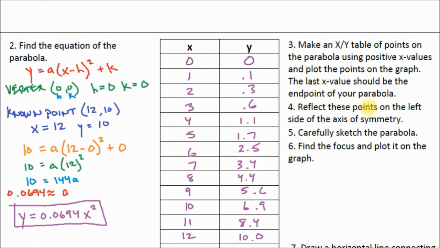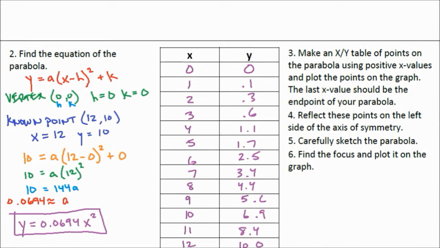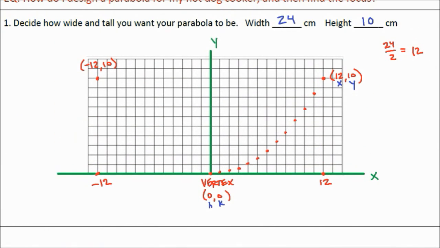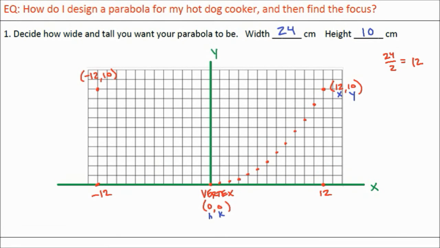Now it says reflect these points on the left side of the axis of symmetry. Well, class, I want you to do that. I'm going to pause the video and let you do that, and then you can come back and check my work. So pause the video and go ahead and put those points on the other side of the y-axis. Okay, we're back.